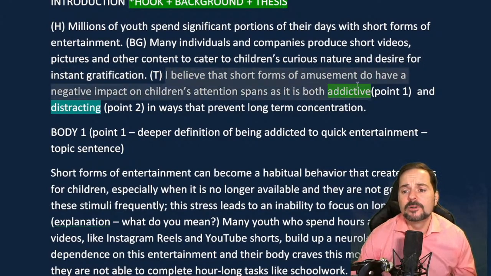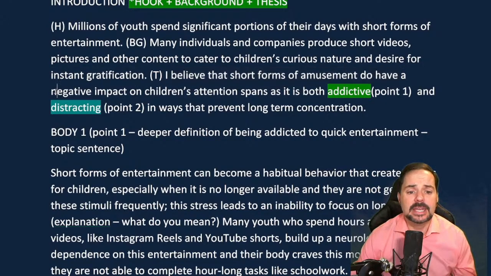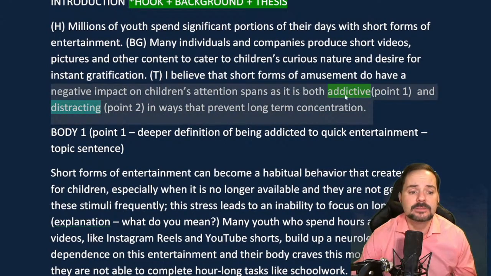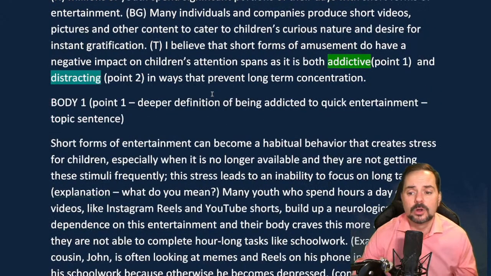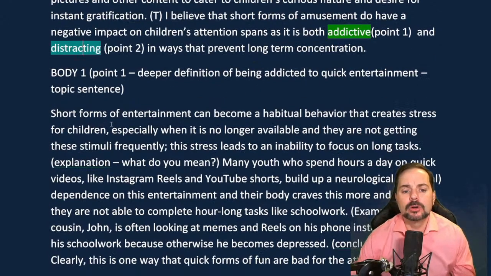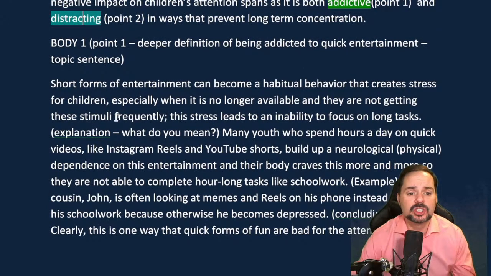I believe that short forms of amusement do have a negative impact on children's attention spans, as it's both addictive and distracting in ways that prevent long-term concentration. The short forms of entertainment can become a habitual behavior that creates stress for children, especially when it is no longer available and they are not getting these stimuli frequently. This stress leads to an inability to focus on long tasks.